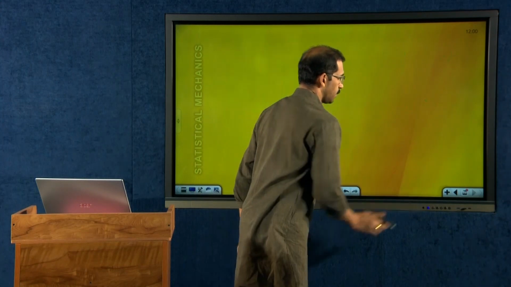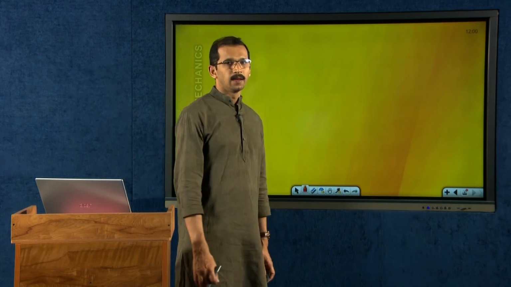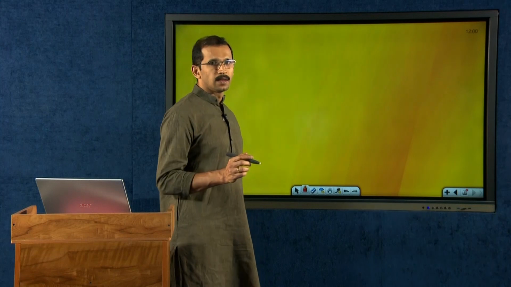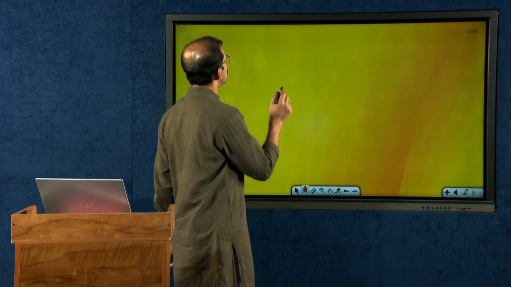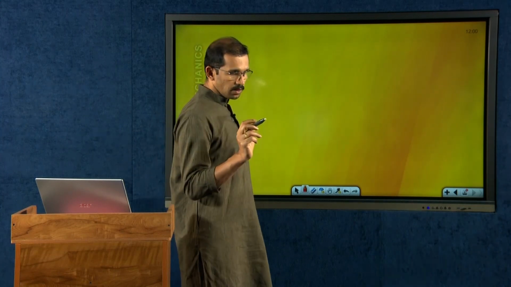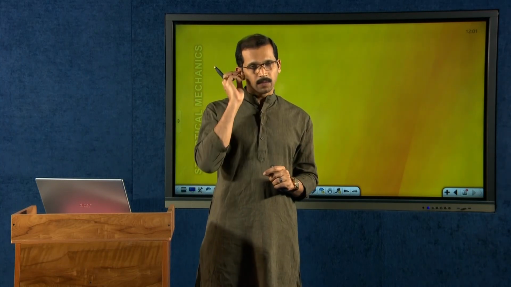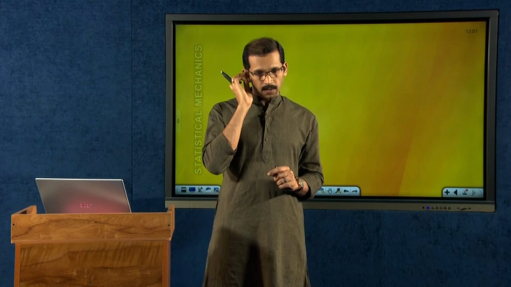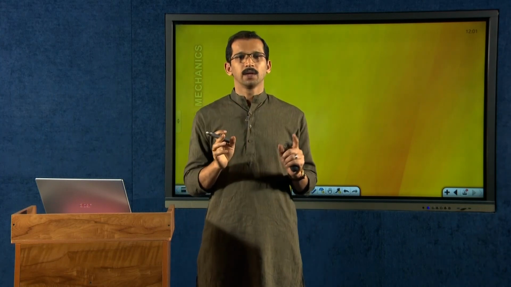For the purpose, let us consider an ensemble. We know that every ensemble is made up of different elements. If you remember, in the episode on ensembles we defined the ensemble as a system of elements.